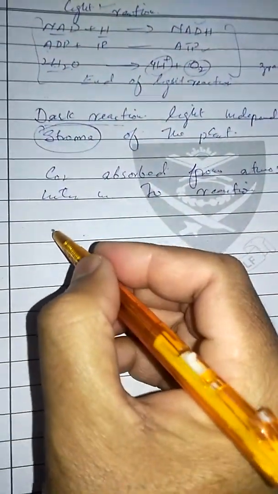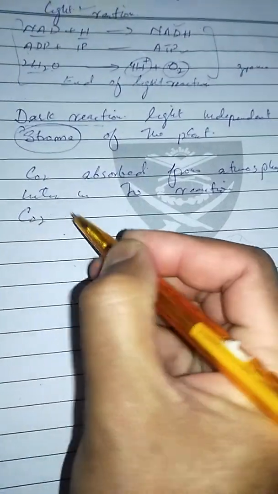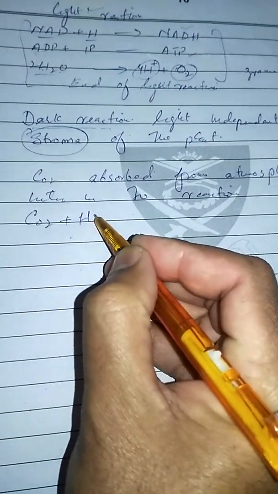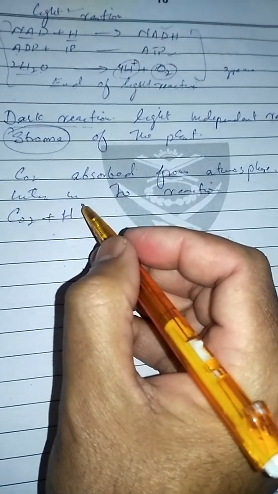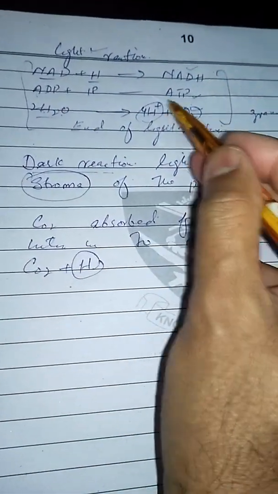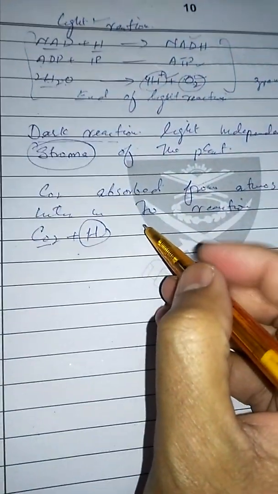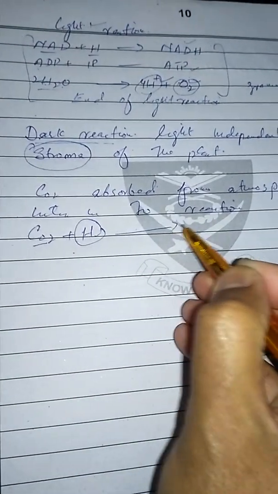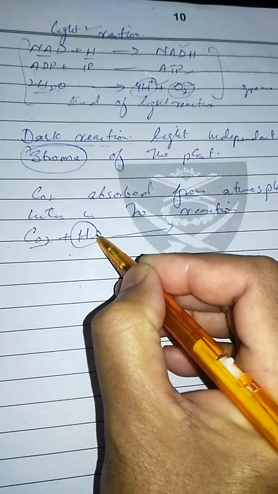Here this CO2 is reduced by the hydrogen ions, which were synthesized by the dissociation of water molecules into oxygen molecules and hydrogen ions. Students, as I told you, what is meant by reduction? It is the addition of hydrogen.